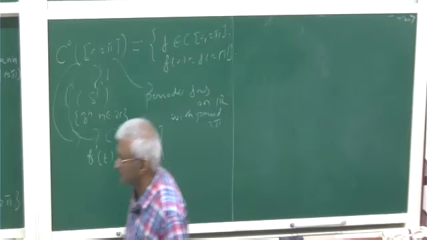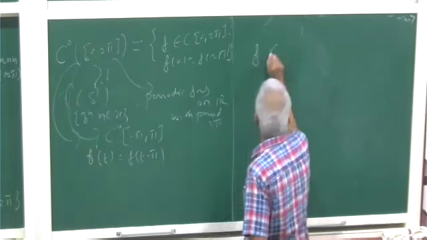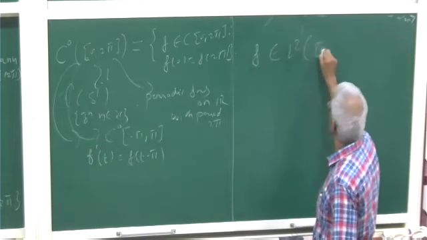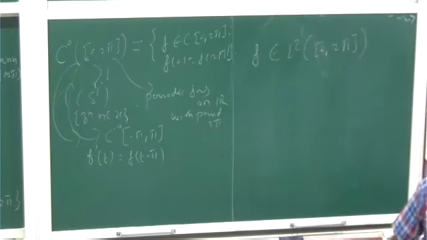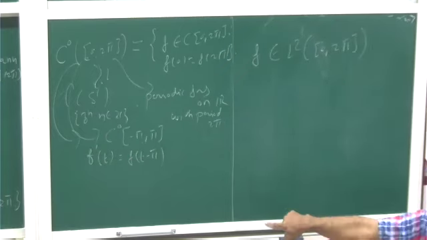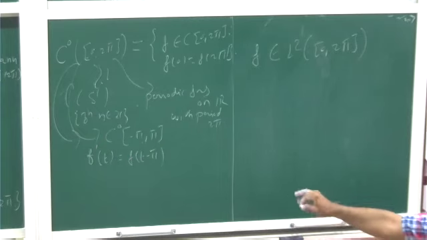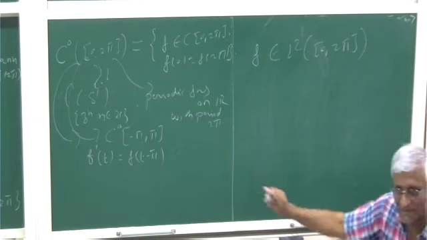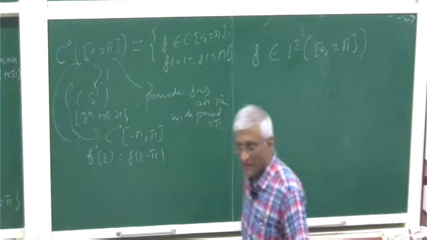So we take this function. Because a Riemann integrable function can be approximated by continuous functions, this is clear.